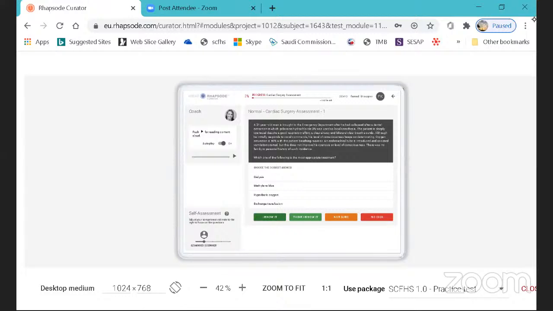We may find a subset of a group, so it can be tailored to different groups, maybe first-year residents, second-year residents, and so on. So it's a very helpful tool for us to help you learn better. That's the message I get. Thuraya, can you please give us your comment on this?